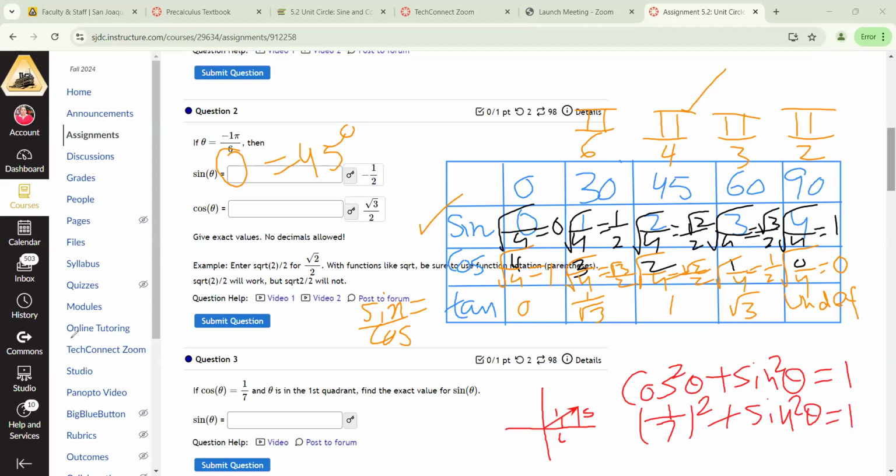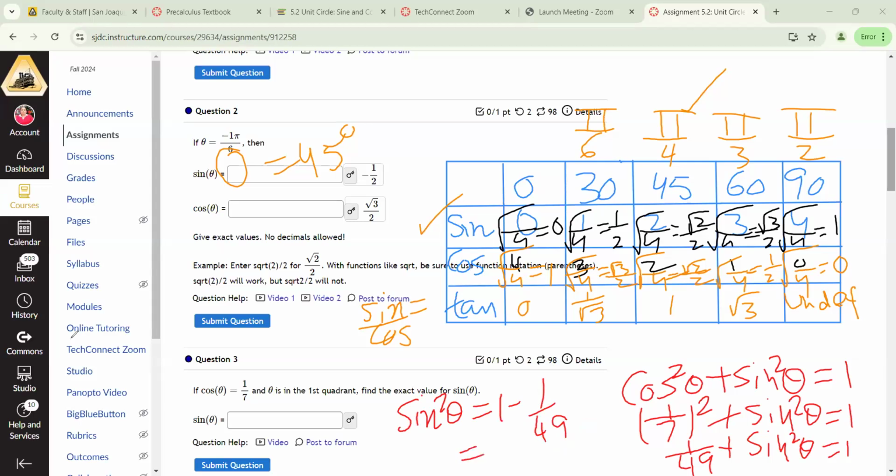So we have 1 over 49 from 1/7 squared, plus sine squared theta is equal to 1. Then I erase this to make some space, and I write here sine squared theta is equal to 1 minus 1 over 49. So that will give me 48 over 49.